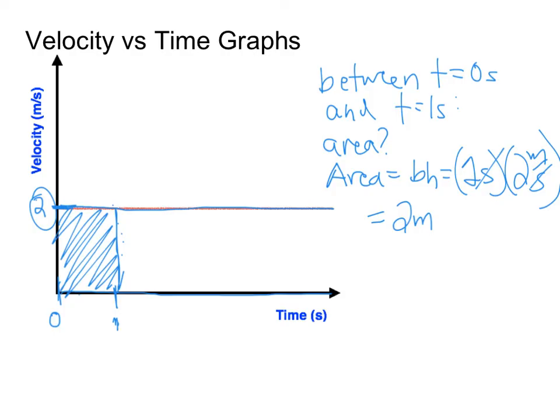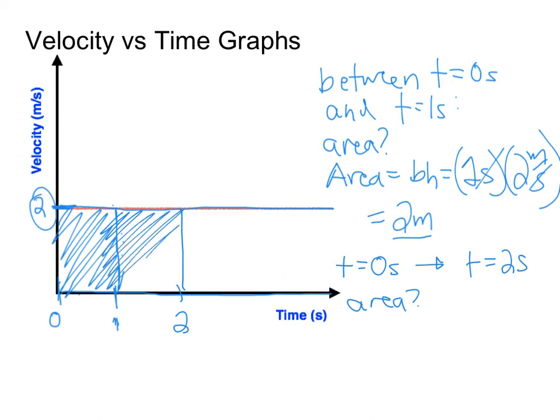Okay, so let's try that again. Maybe we can realize something. All right, so let's take a look at what happens if we do between t equals 0 seconds to t equals 2 seconds. How does the area change then? Well, we've got the 2 here. It gets cut off here.